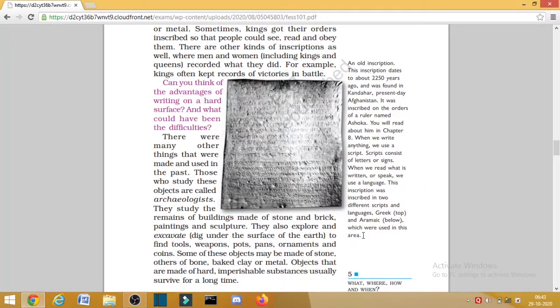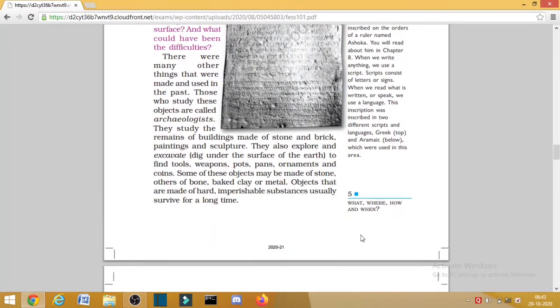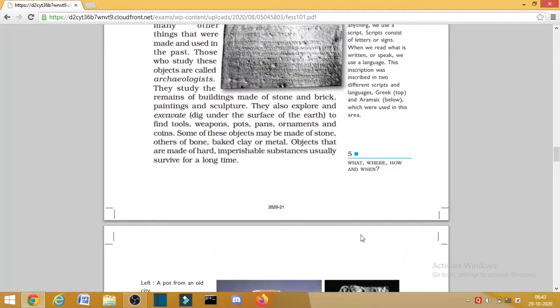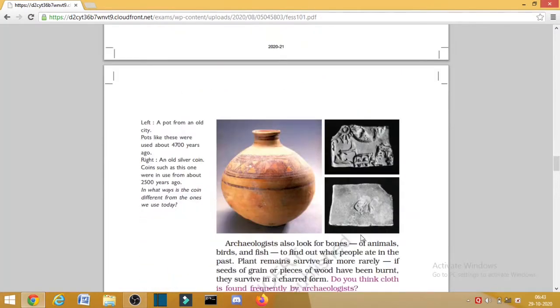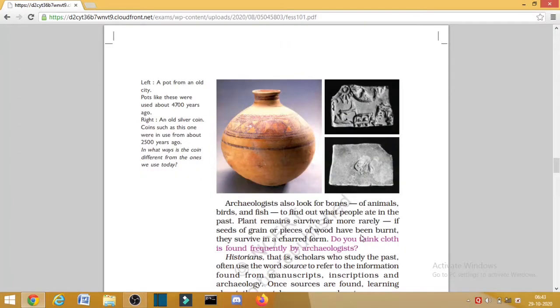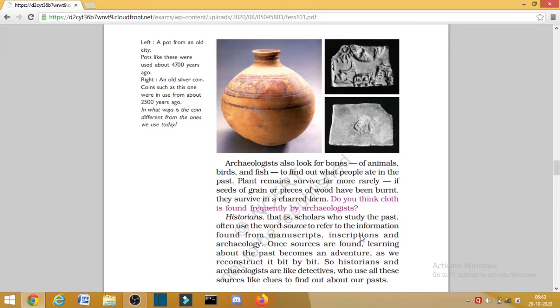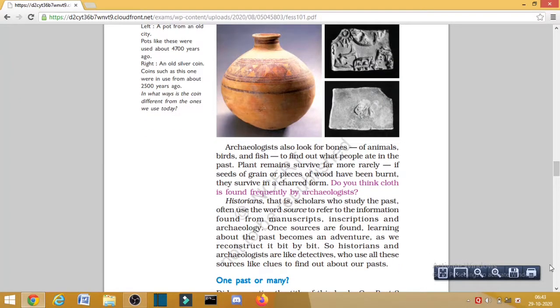So we have discussed up to here in our previous class. Children, let us continue the remaining part of the chapter. Please open page number 6.